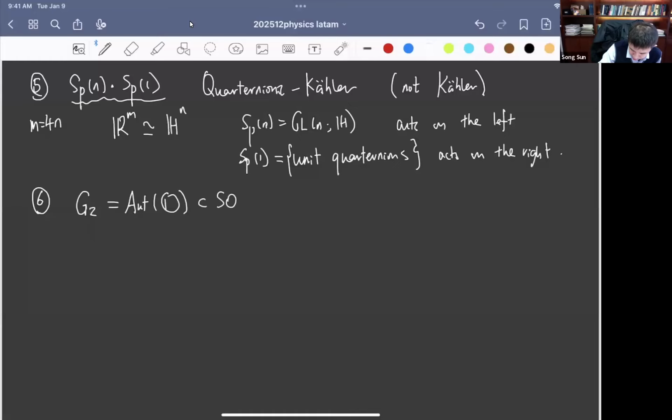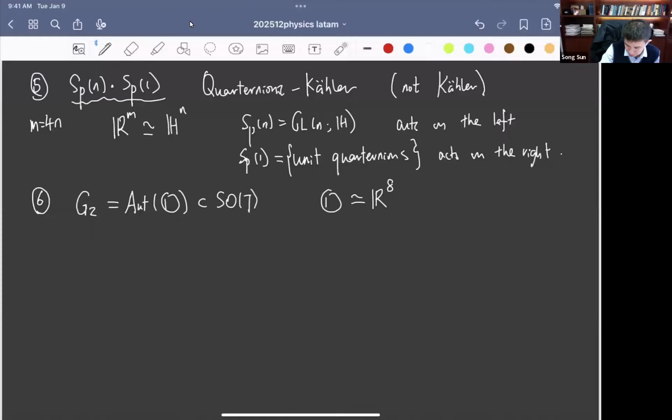The octonions, or Cayley numbers, are 8-dimensional, and not even associative.